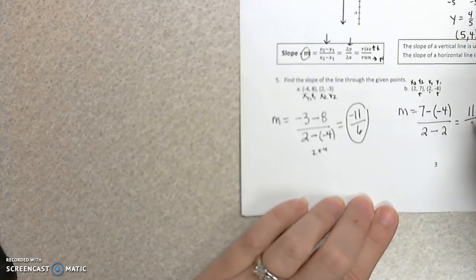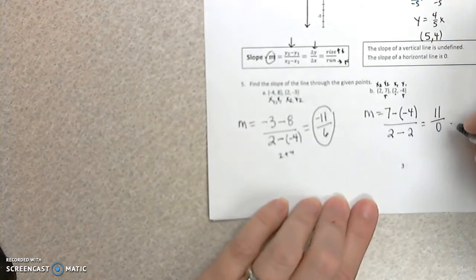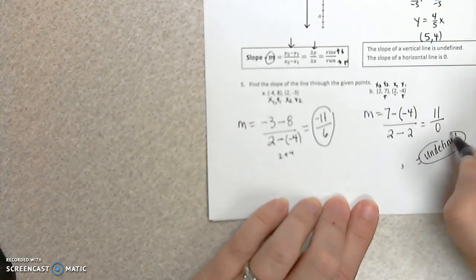And then 2 minus 2 is 0. And we all know that anytime 0 is in the denominator, that can't be. So we would say this slope is undefined.